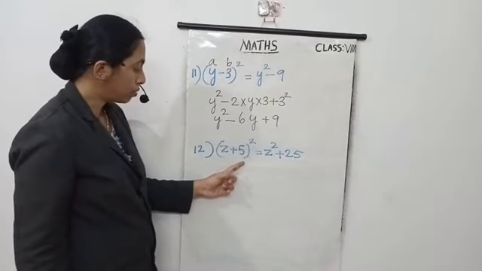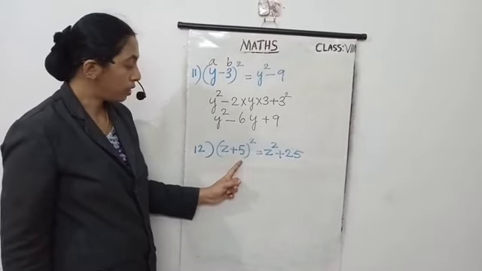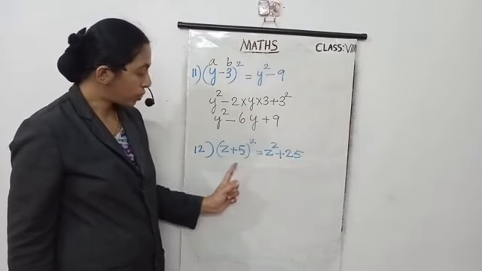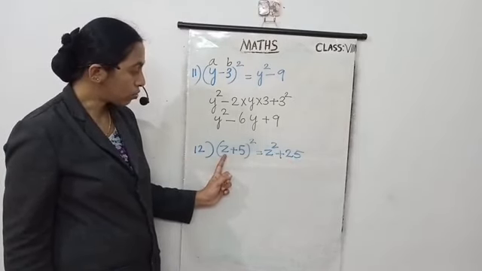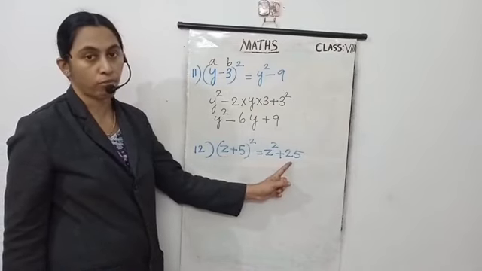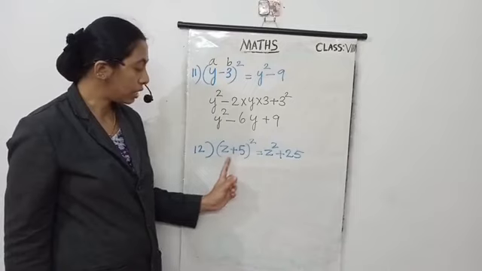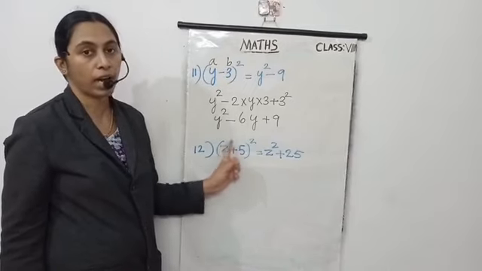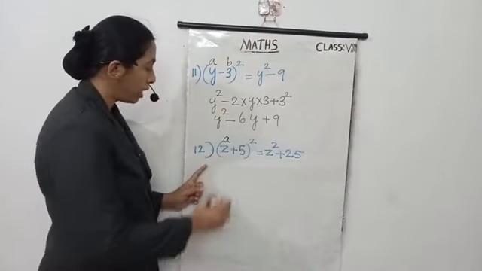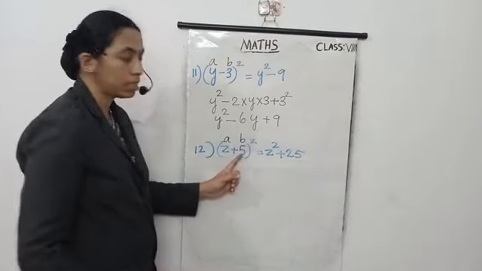Okay, now the 12th question. z plus 5 whole square equals z square plus 25. Here also they just took the square of each term, z square and 5 square 25. This is wrong. This is in the form of identity 1, a plus b whole square, where in place of a is z and b is 5.